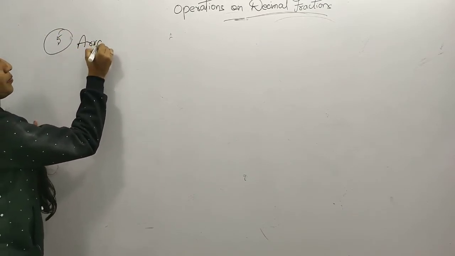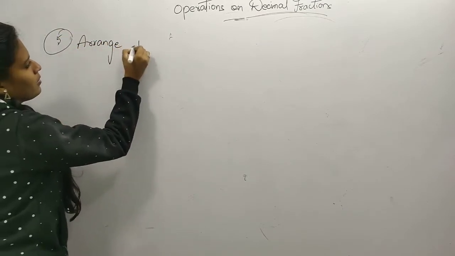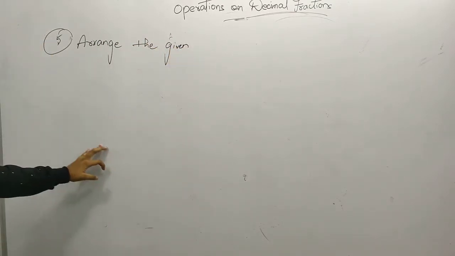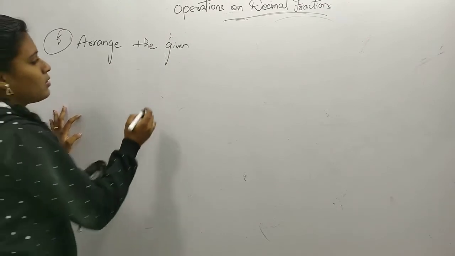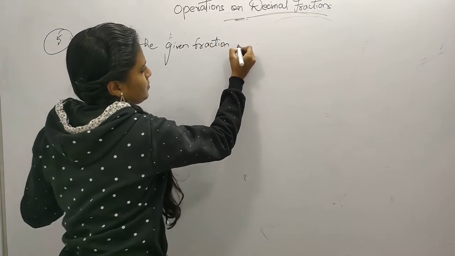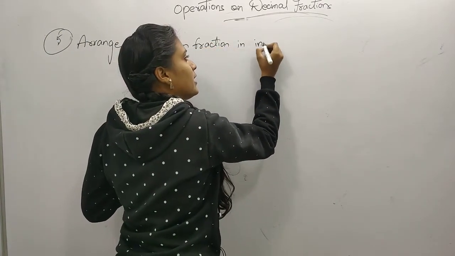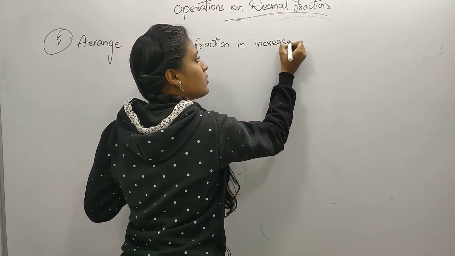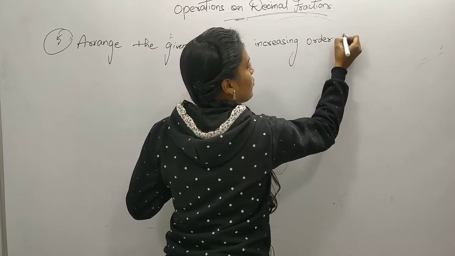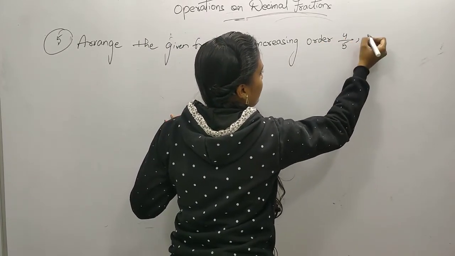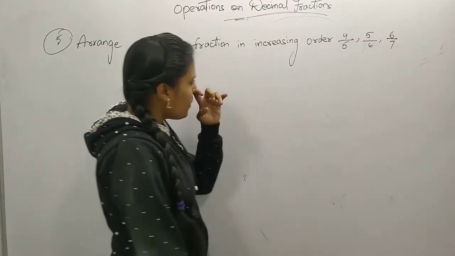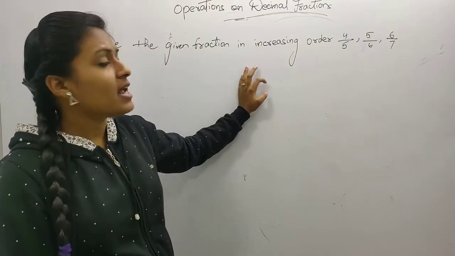Arrange the given fractions in increasing order. 4 by 5, 5 by 6, 6 by 7. Here we have to arrange the fractions in increasing order.